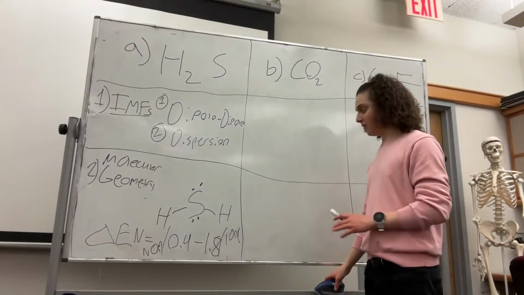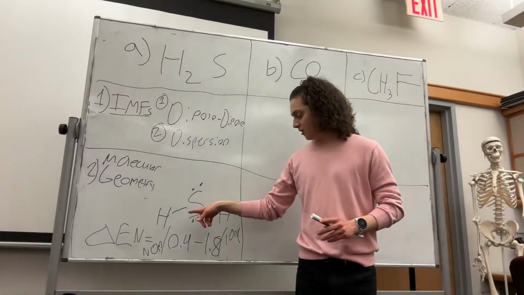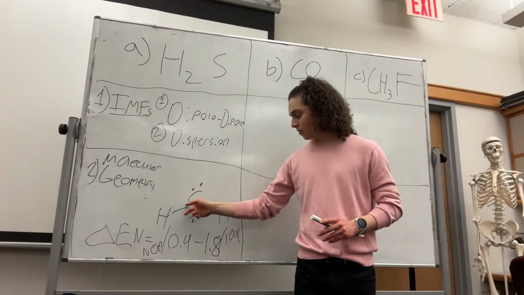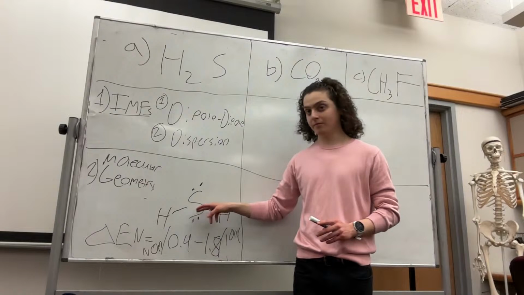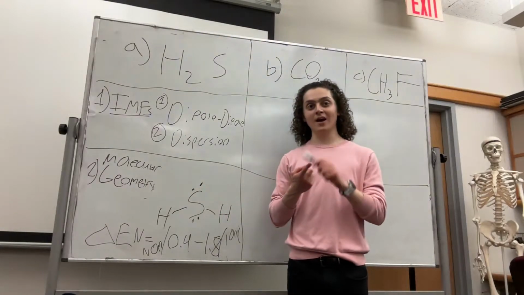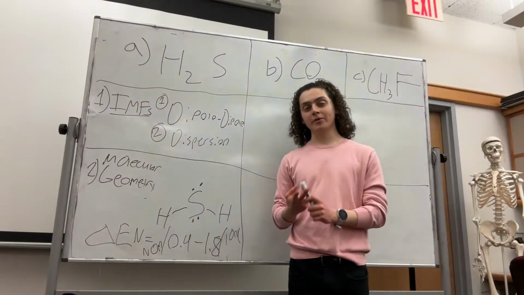So when it comes to a question about molecular geometry, we need to look at the central atom. Here it is sulfur. And we need to consider, one, how many atoms does it bond to? How many lone pairs does it have?